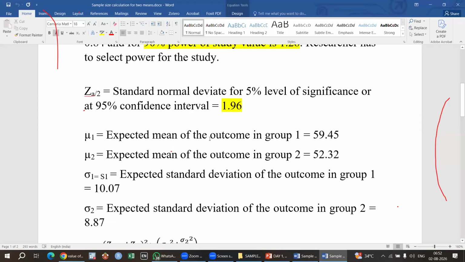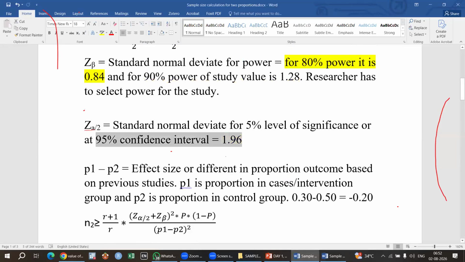Mu1, expected mean of the outcome in group 1. What will be the value? Can anybody tell me the value of mu1? Please type here. I have told you. Mu1, 2.6. Okay, so write down here 2.6. Mu1 means intervention.